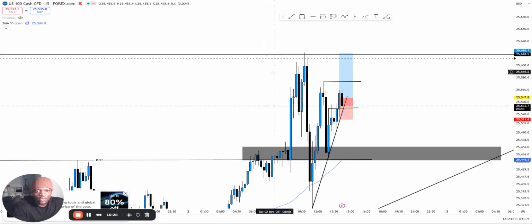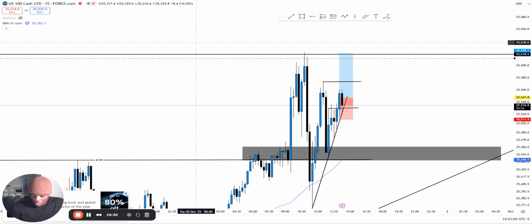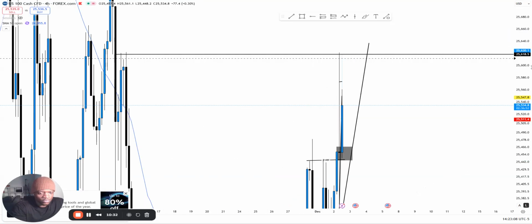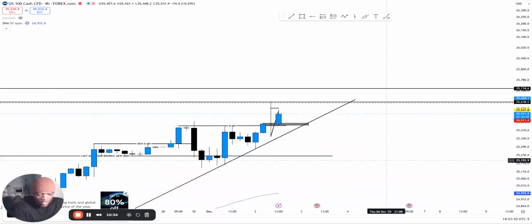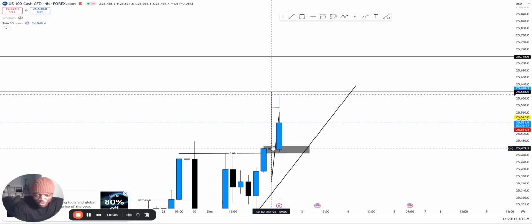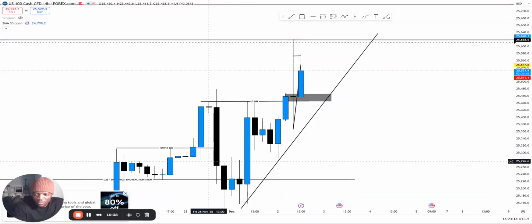Wait, go 4 hour. Daily high, like I said, created a low, but that low closed above this last daily high. And then it created a new high, which the 4 hour candle closed above this daily high.